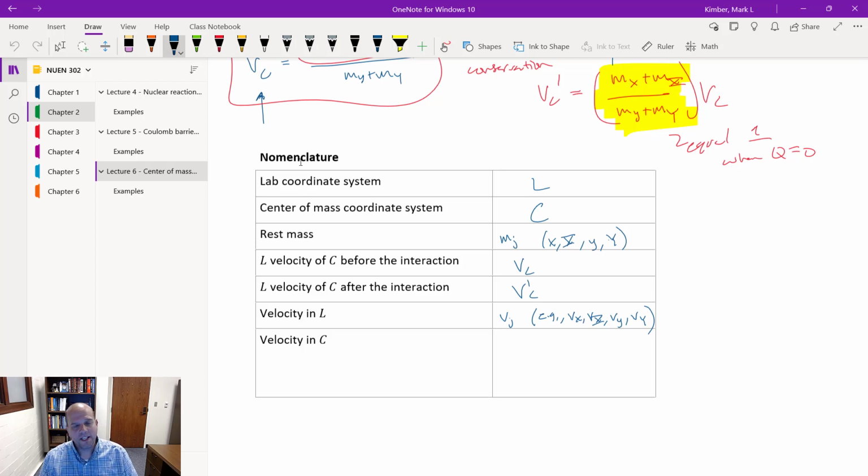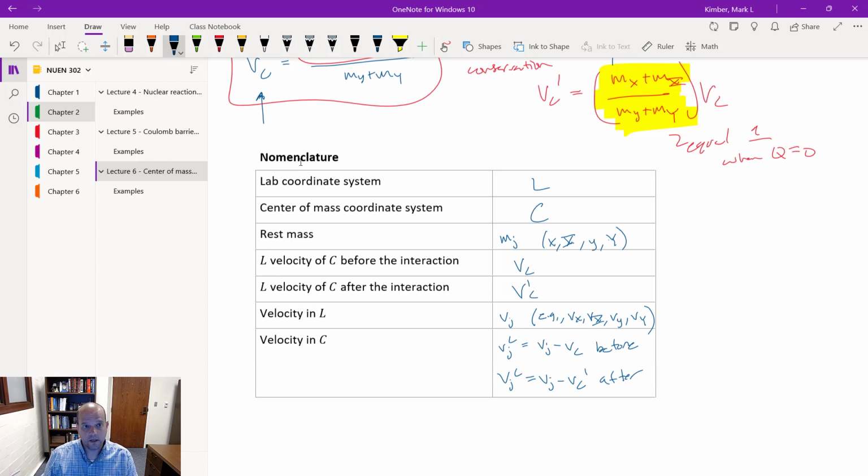And then when I'm talking about velocity in C, so this now is my velocity in the moving reference frame, in my center of mass reference frame, the nomenclature for this will be VJ with a superscript C. And that's just going to be equal to the velocity in my lab reference frame minus the velocity of that reference frame. So this is what we used before the interaction. VJC then will be equal to VJ minus VC prime after.